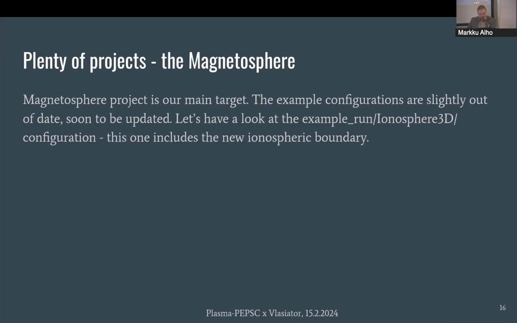And what we have in our project folder, this ionosphere 3D, now has the ionosphere also included, the ionospheric boundary condition. But that one is definitely not a great configuration for the magnetosphere, but something to have a glance at.